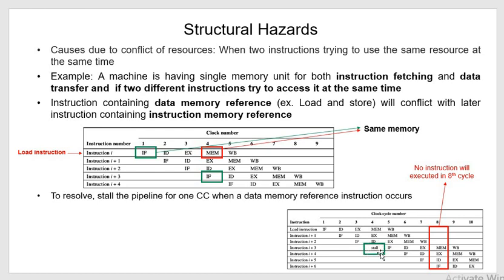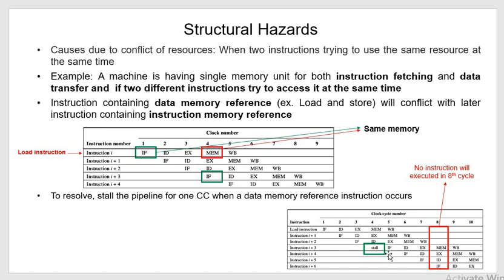So one stall will be introduced here, and the fetching of the I+3 instruction will be delayed by one clock cycle. The expected fetching for I+3 was in clock cycle 4, but due to this stall, the opcode of I+3 will be fetched in the 5th clock cycle instead of the 4th.